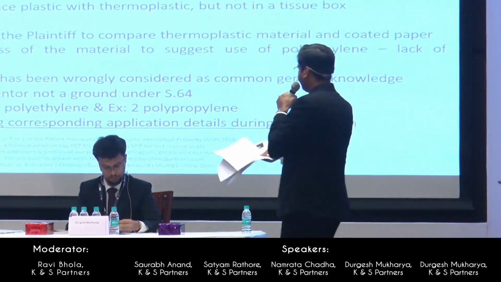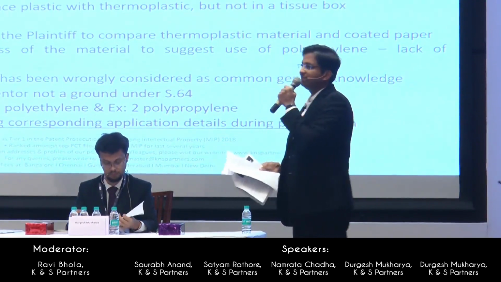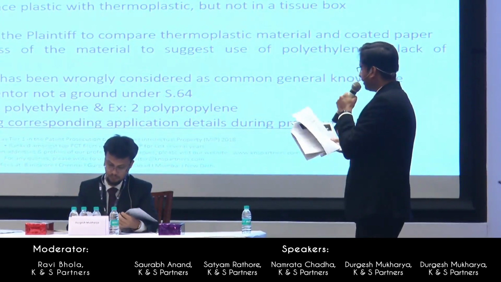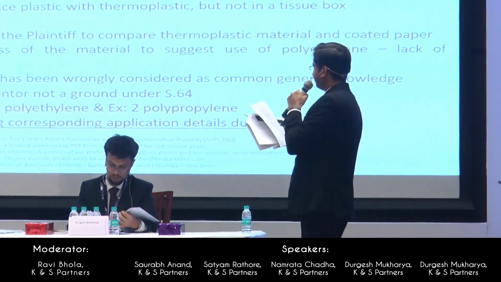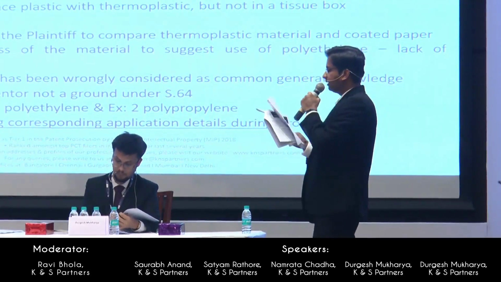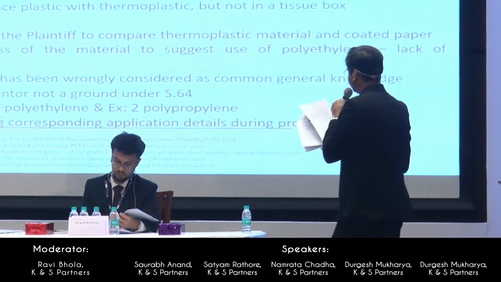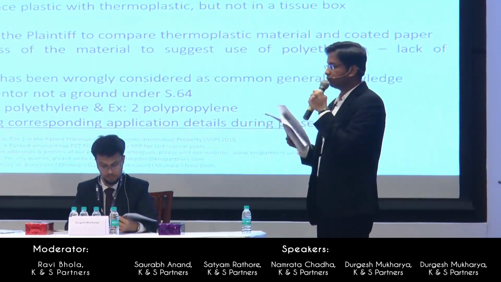My Lordship, just refer to the granted patent and claim number 1. There is no iota of suggestion that the claim should be read like this. Claim 1 reads, a tissue box disclosing a dispensing insert made up of thermoplastic material comprising a cutout portion with at least 2 portions contacting the border of tissue opening.